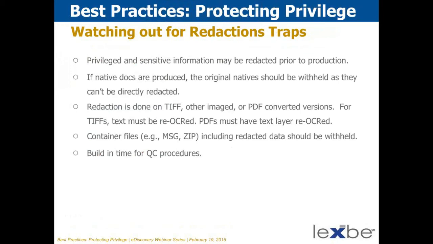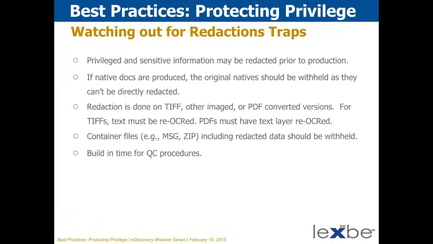I want to mention a few things for redaction that are particularly important when you're dealing with redaction for privilege, but are also general. If native documents are being produced, and that's done more and more these days, then the original natives should be withheld, as they usually can't be directly redacted.